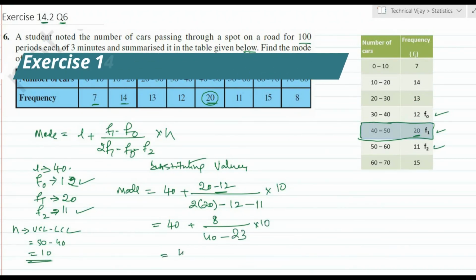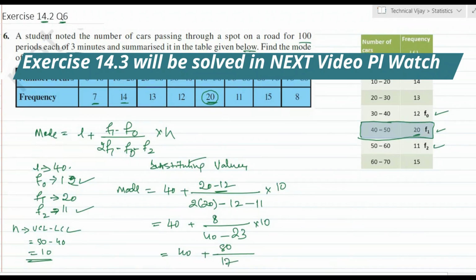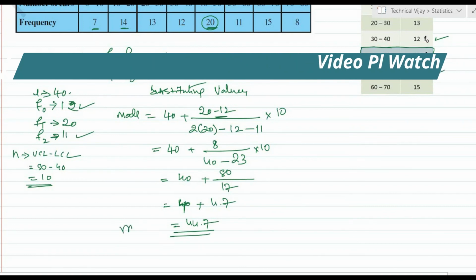This is 40 plus 8 into 10, 80, divided by 40 minus 23, which is 17. So 40 plus 80 divided by 17, and 80 divided by 17 is approximately 4.7. This is 44.7. This is the mode of the data.